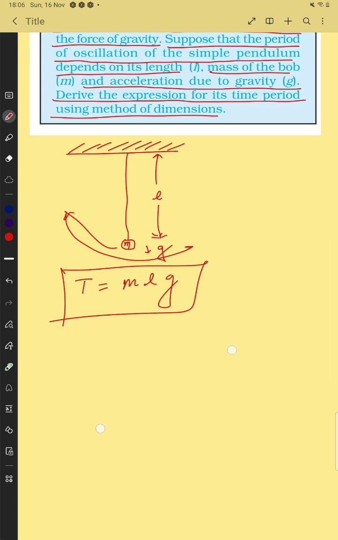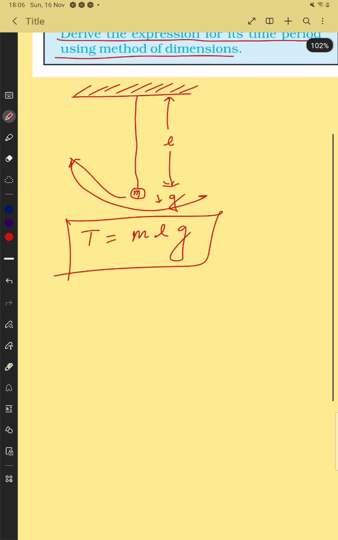So dear students, let's try to understand. The time period T is proportional to the length, L power x. Then the mass, mass power y, and then the acceleration due to gravity, g power z.